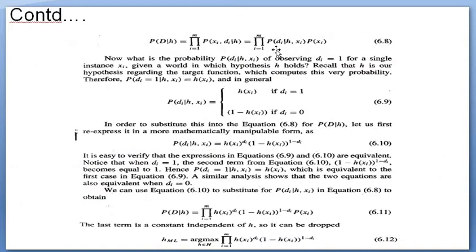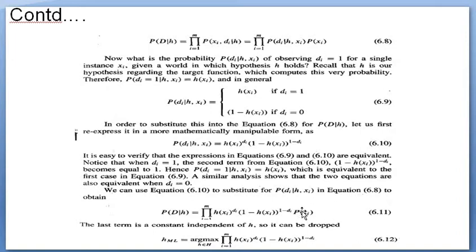Then we have to calculate P of di given xi. P of di given xi gives two values. One is h of xi, because it is our target value when di equal to 1, and when di is equal to 0, you just reverse it in terms of probabilities, that is 1 minus h of xi, and you should apply both values here. Then P of xi is an independent value, not dependent on the hypothesis.